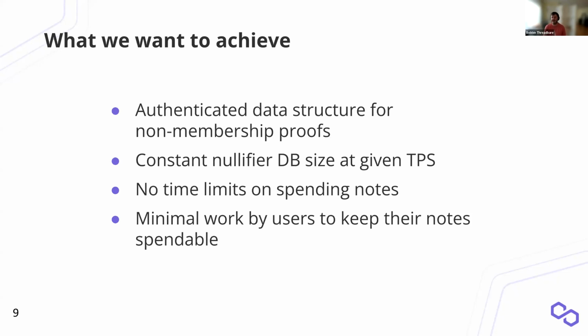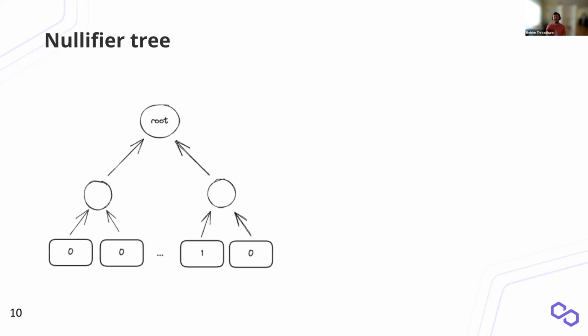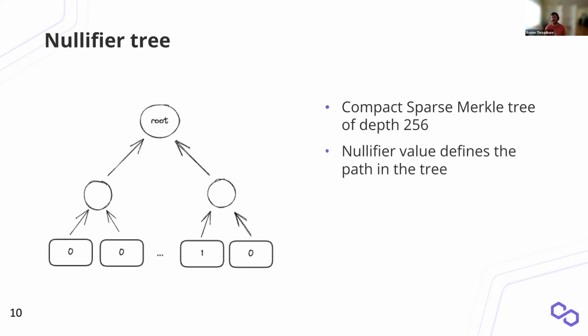All right, so let's first look at one potential construction. One is a sparse Merkle tree, and this could be a compact sparse Merkle tree of depth 256. The way it will track nullifiers is that a nullifier value, let's think of it as 32 bytes, defines a path in the tree. If it starts with 0, we go to the node on the left.